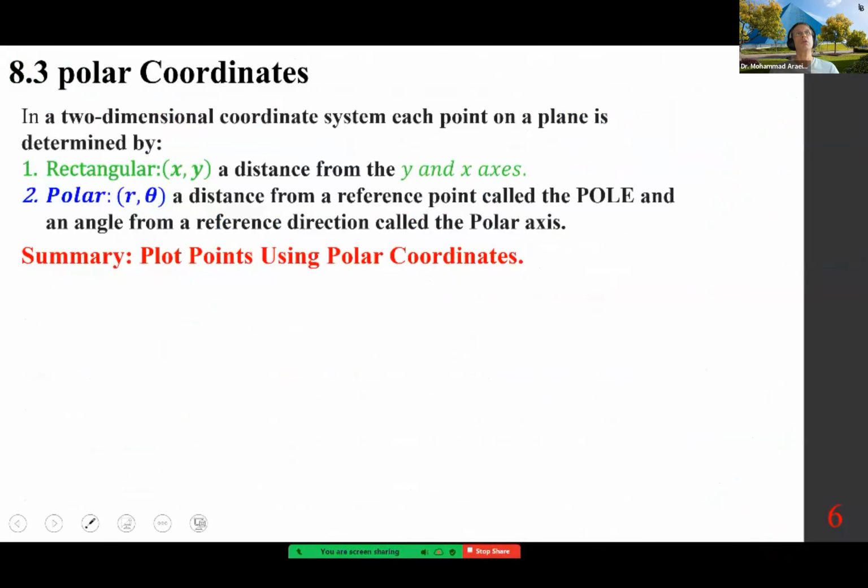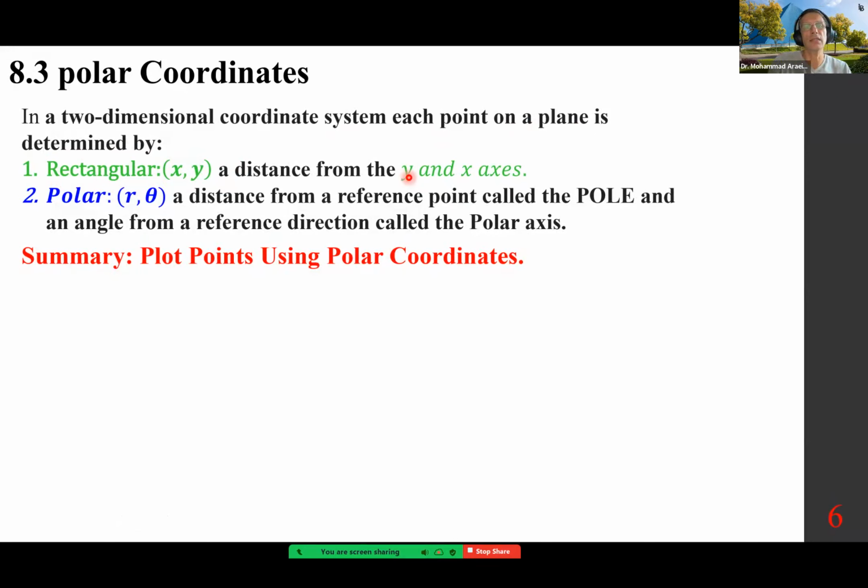Here's the new one, 8.3, polar coordinates. In a two-dimensional coordinate system, each point on a plane is determined by, we can go with the rectangular coordinate system (x, y), also known as the Cartesian coordinate system, a distance from the y and x axis.